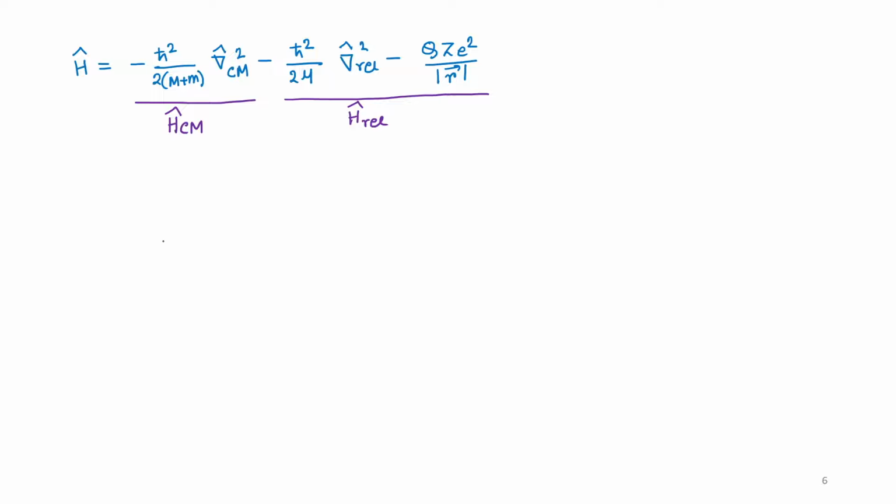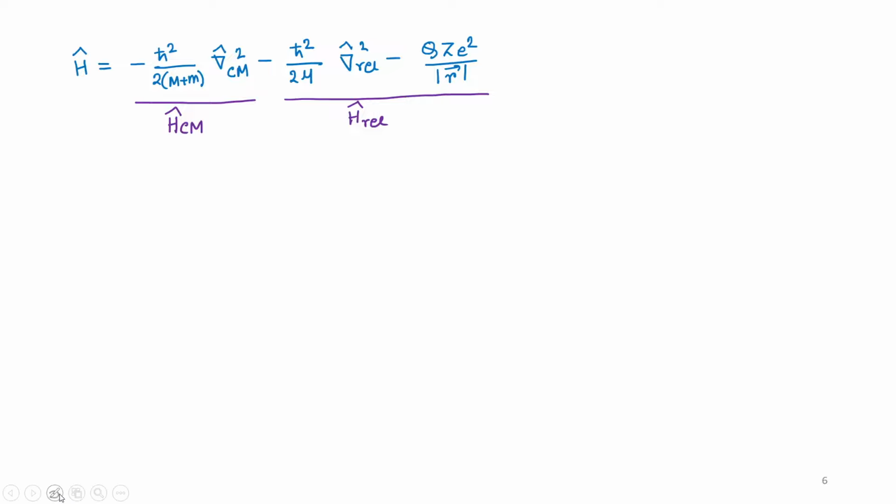So now you can see we won't be bothered about this part, the Hamiltonian of the center of mass. We'll only be bothered about the relative part, and we'll work on the Schrodinger equation. We'll take this Hamiltonian and try to work on the psi relative part.